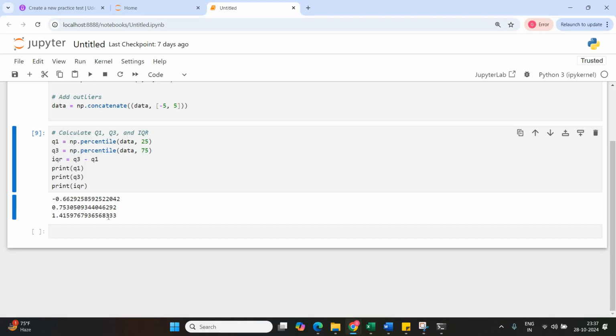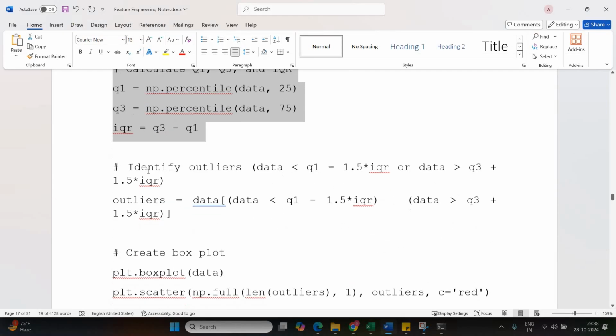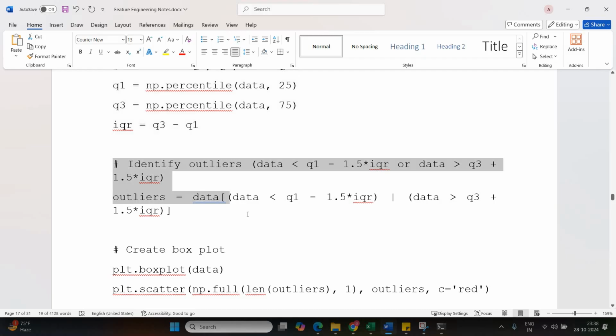So under the vicinity of this plus or minus anywhere, if you go plus 1.41 or minus 1.41 from any data point, and if some data point is outside this range in any direction, plus direction or negative direction, in that case, that particular data point will be known as the outlier, right? Now, let us see, identify the outlier.